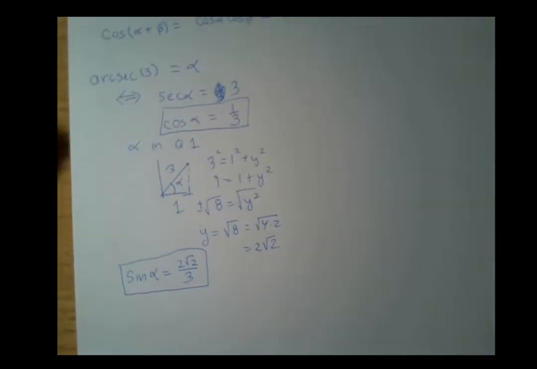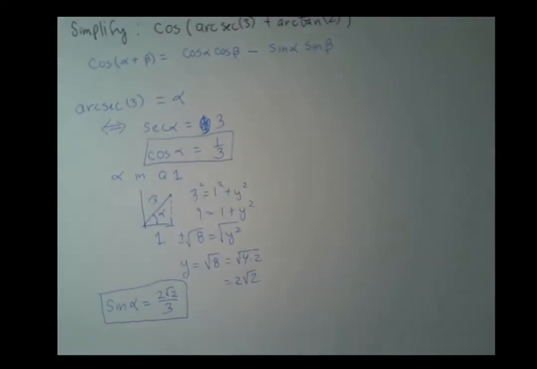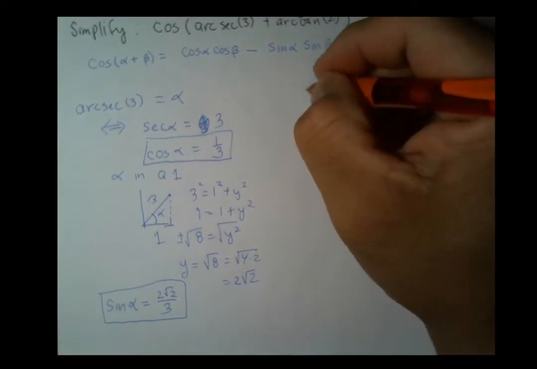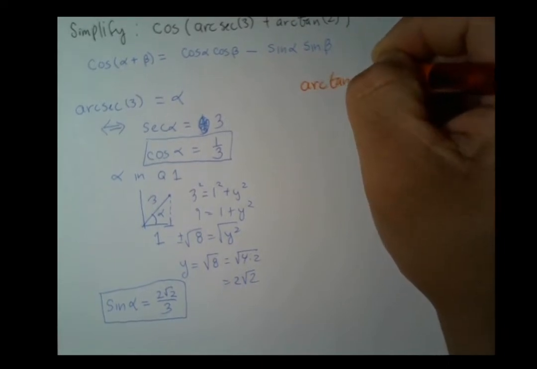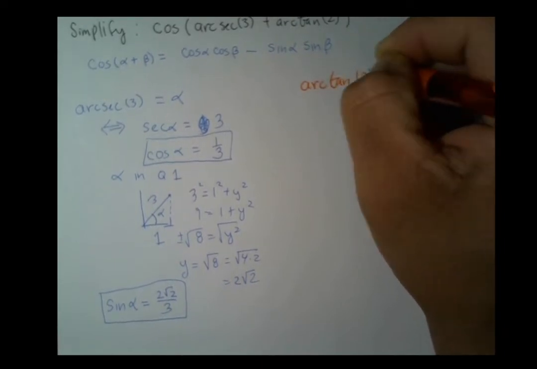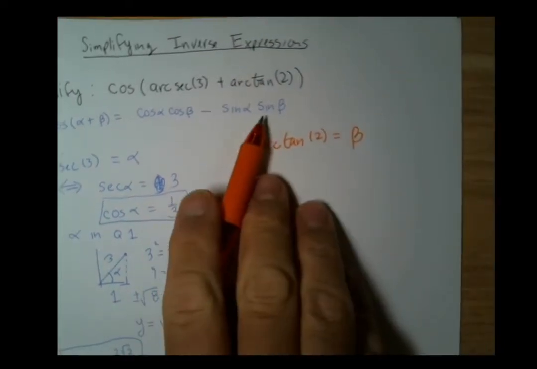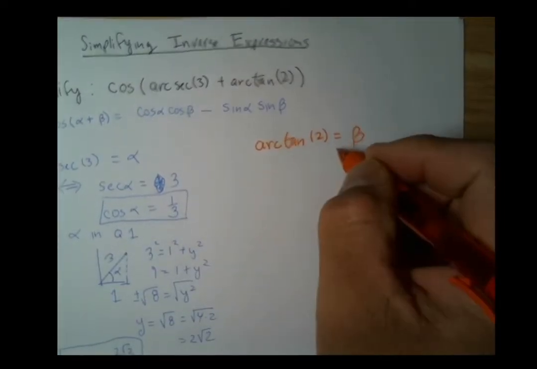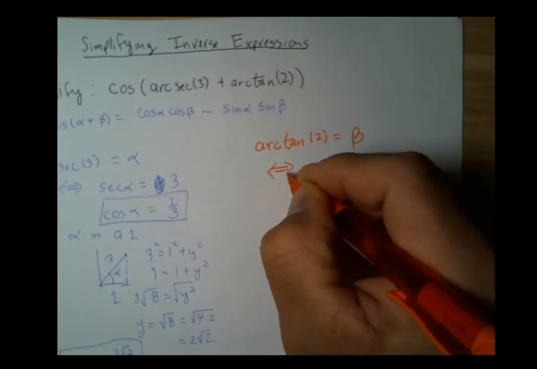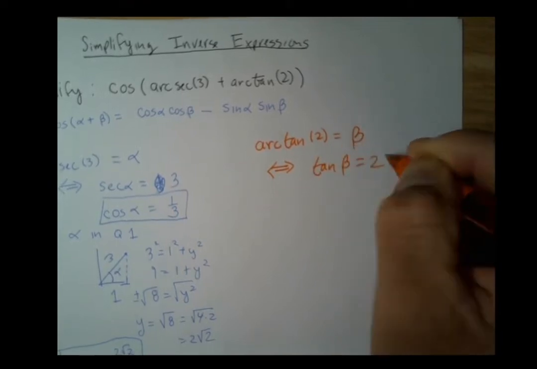So we found the two quantities I'm going to need for my identity. Now let's work with the second component, arctangent of 2. Again, the output is some angle. I'll call this angle beta to keep in line with our identity. If arctangent 2 is equal to beta, this is true if and only if tangent of beta is equal to 2.